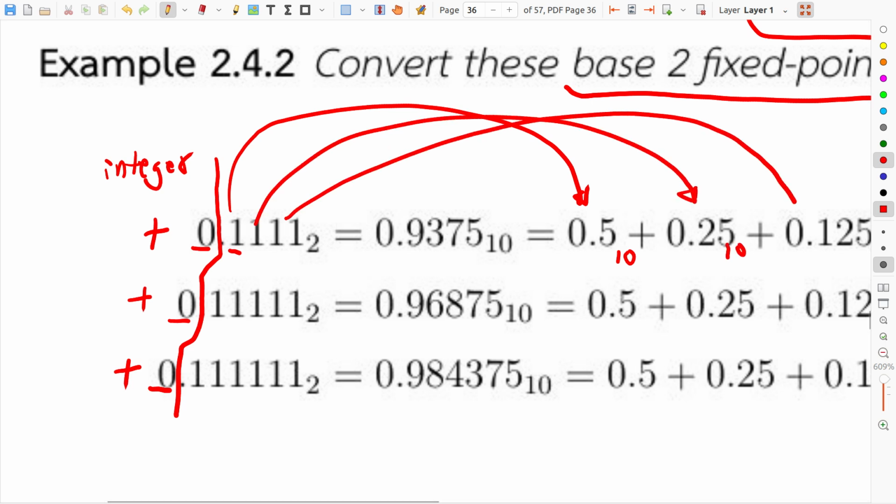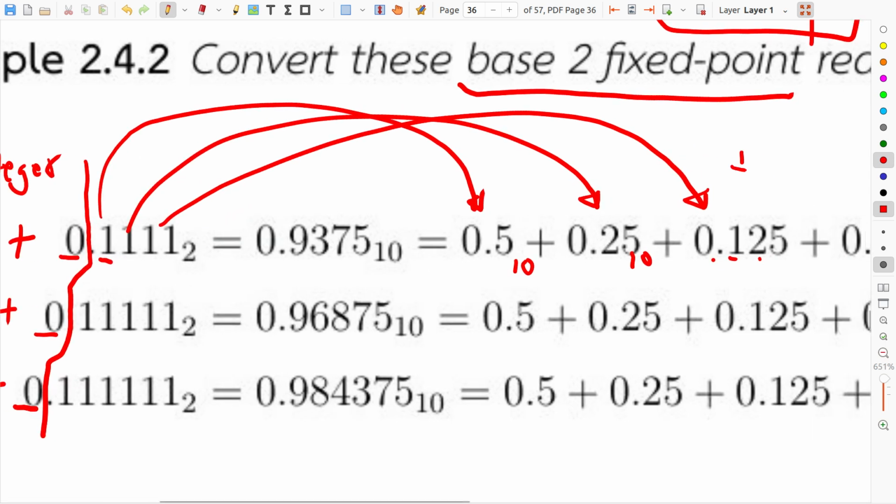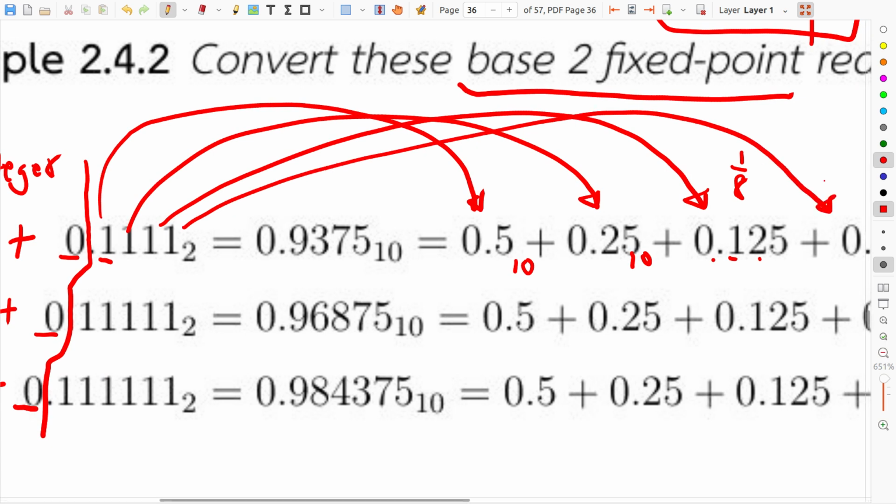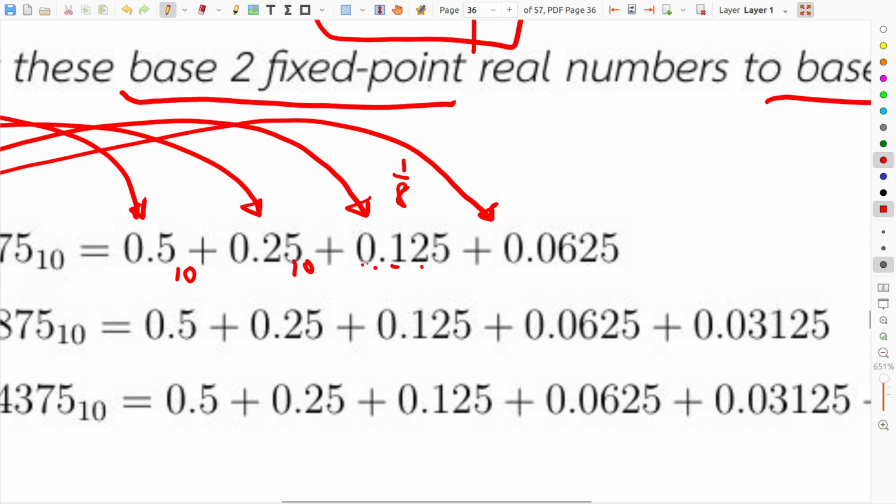This one here is 0.125, which is 1 over 8. And the last bit is this number divided by 2, which is 1 over 16. So you can divide this 0.125, and it's going to be 0.0625.